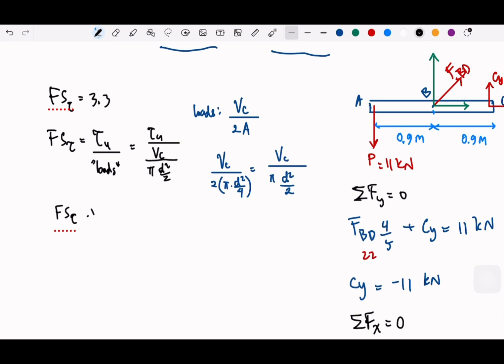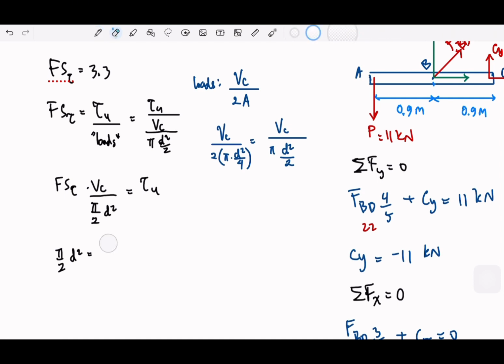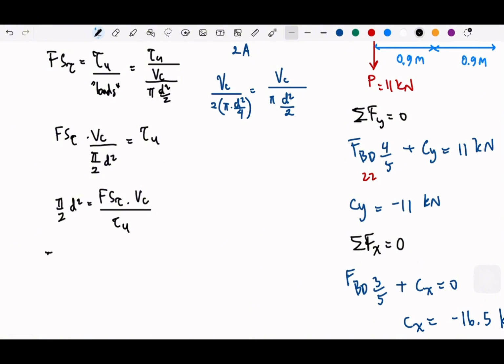So that will be Vc over pi over 2 d squared, so tau, Vc, and divided by tau. Okay, so pi d squared is 2 F as tau Vc.